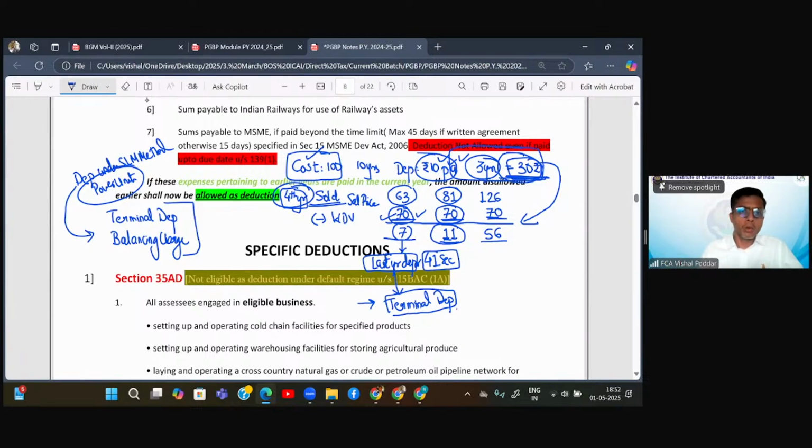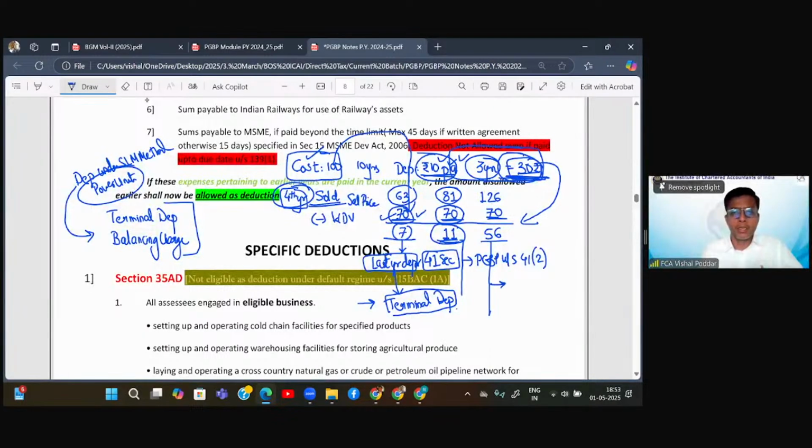You had reduced your cost from 100 to 70 by showing a depreciation of 10 per annum, taking total 30 deduction in the last 3 years. So when you are getting this 11, it is recovering that 30 rupees. So in this case, 11 is my PGBP income under section 41, subsection 2.